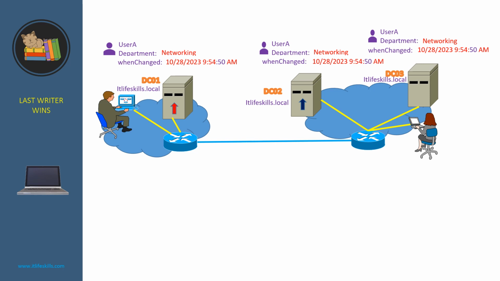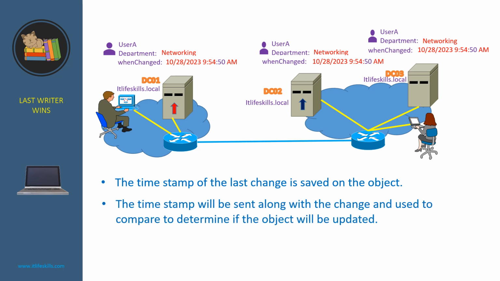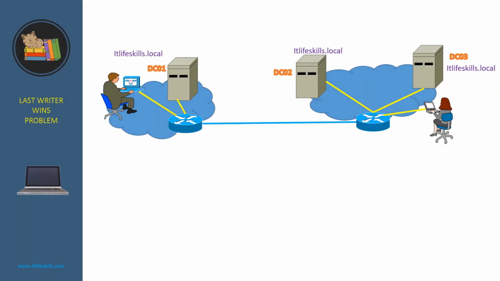As you can see in the last writer wins algorithm, the timestamp of the last change is saved on the objects, and the timestamp will be sent along with the change and used to compare to determine if the objects will be updated.